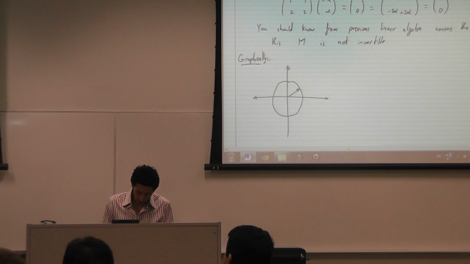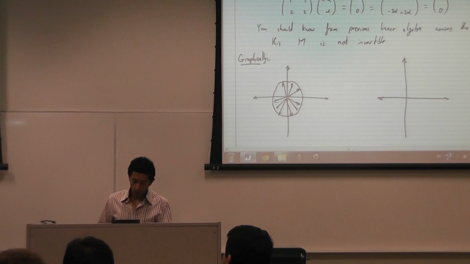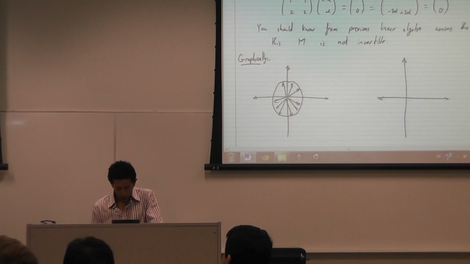I'm going to look at the circle of vectors and see what M does to it. What M does is, you will find that M will take all those vectors and give you one line.